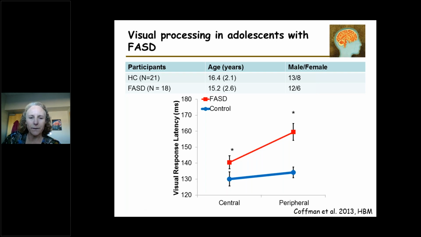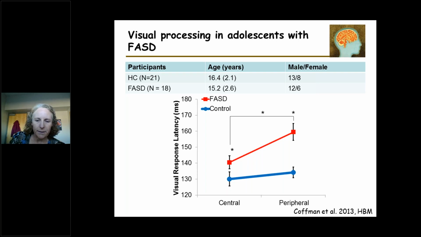If you look at the visual response to either of those, the central stimulus is significantly delayed for kids with FASD, but it's actually more delayed with the peripheral visual stimulus as opposed to a central visual stimulus.